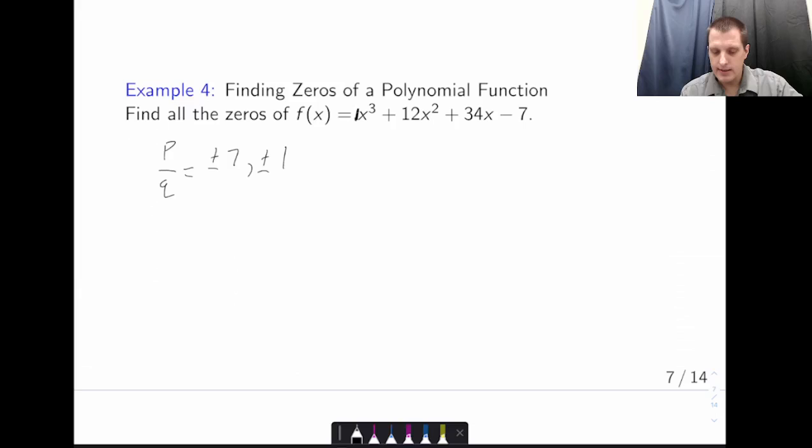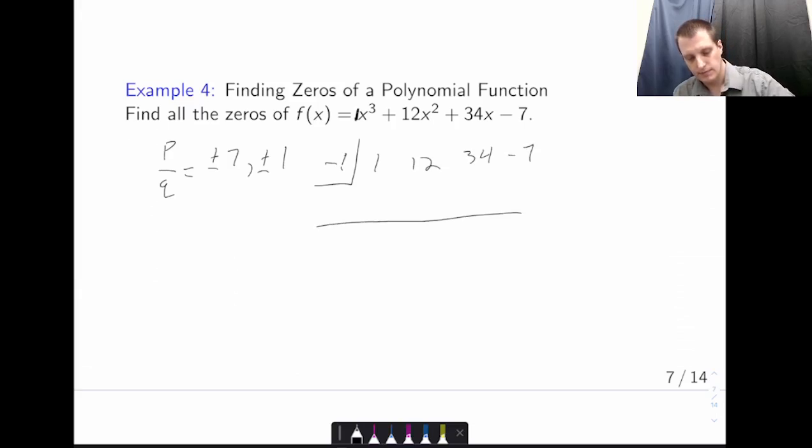Okay, so I see here that everything here has a positive except for the last number. So I'm going to try with a negative number. I'm going to try negative 1. So we're going to get 1, 12, 34, minus 7. What is going on?